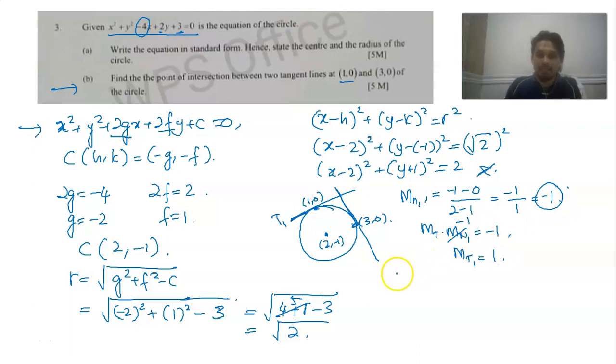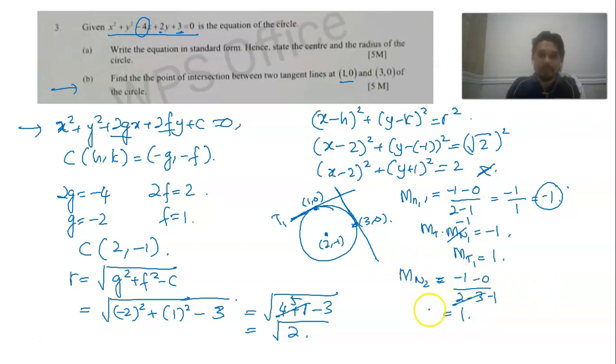Then the gradient of normal 2, between the center and this point, is (-1 minus 0) divided by (2 minus 3), which is -1 divided by -1, equal to 1.